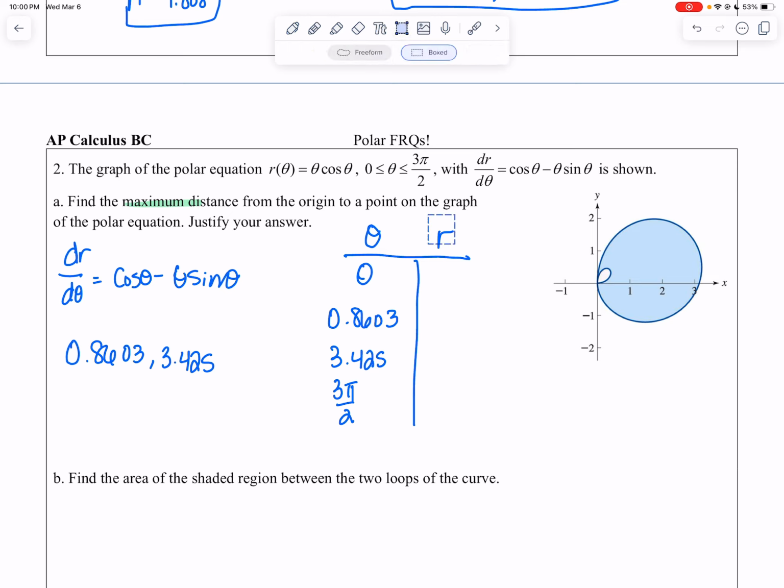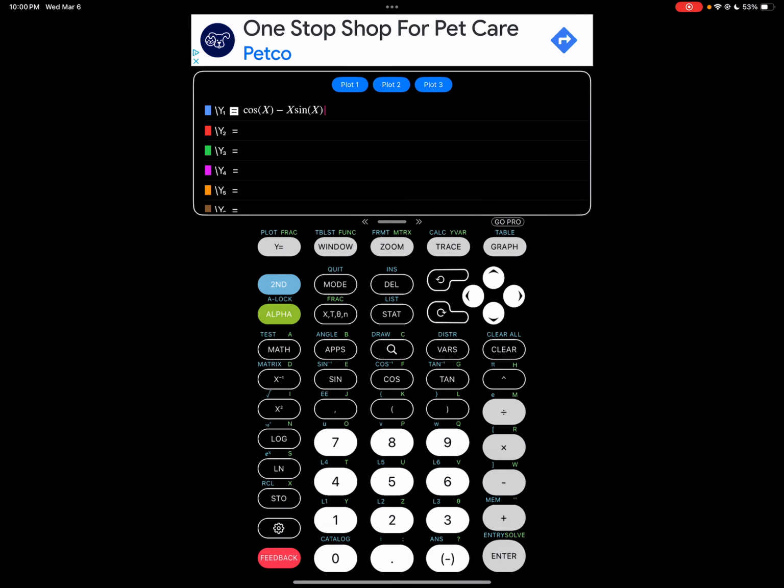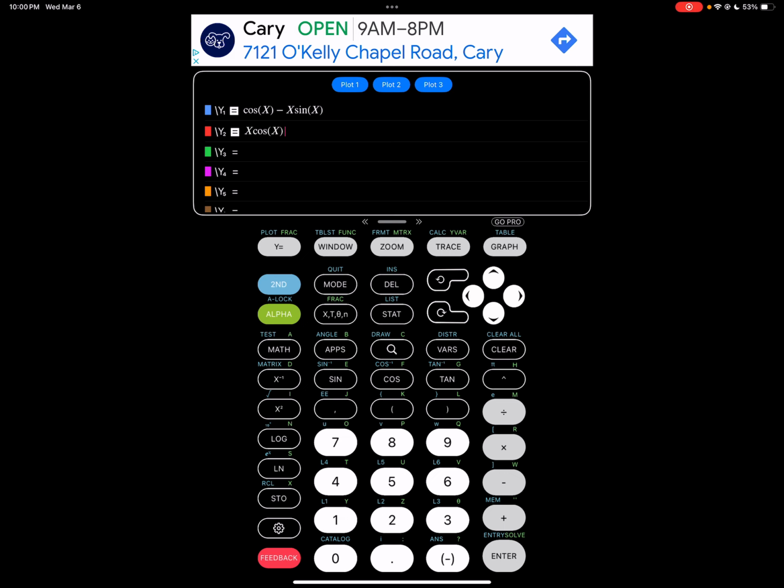What we're going to do now is put r is equal to theta cosine of theta into the calculator. And that's going to be Y2. So I'm going to have x cosine of x here. Now, remember that one of the tricks in AP that I taught you guys is if I only want certain x values, I could change my table set.